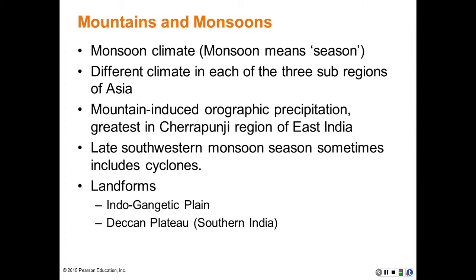Late southwestern monsoon seasons sometimes include cyclones that can be deadly to some of the lower, densely populated regions, especially in the Bay of Bengal. Important landforms of this region include the Indo-Gangetic Plain, a very densely populated agricultural region, and also we have the Deccan Plateau that makes up the majority of southern India. And we have the mountains to the north that create the northern boundary of our region of South Asia.